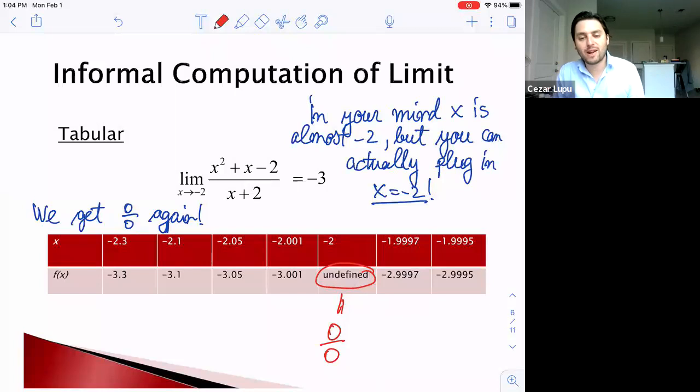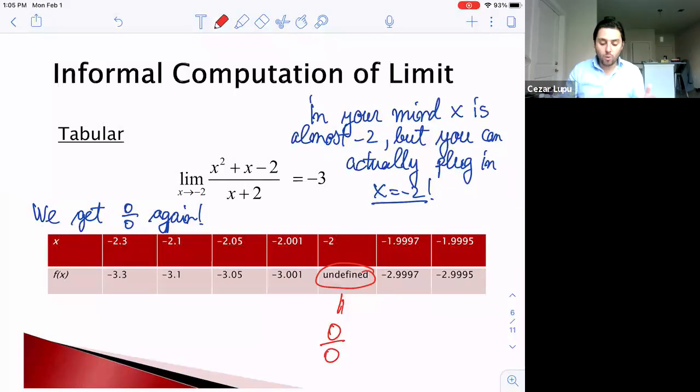And also, when I take x to be -1.9995, then I'll get f of x to be -2.995. Again, very, very close to -3. So in this way, you'll have a good hunch that the actual limit is -3, just by plugging in some values. Of course, it's not a proof, but at least you have an idea of what the value of the limit is.